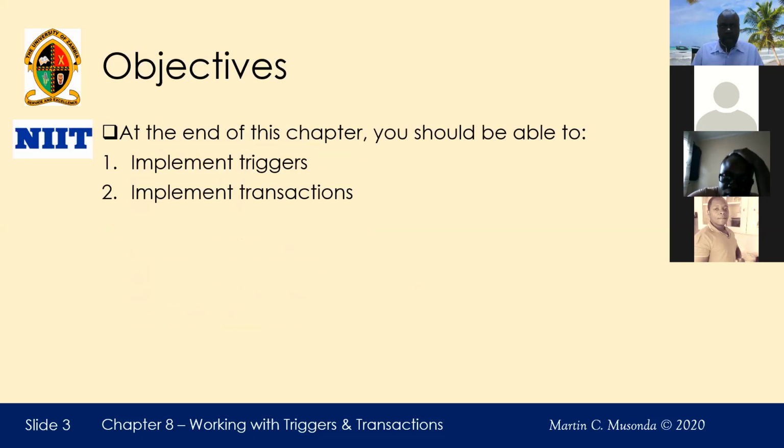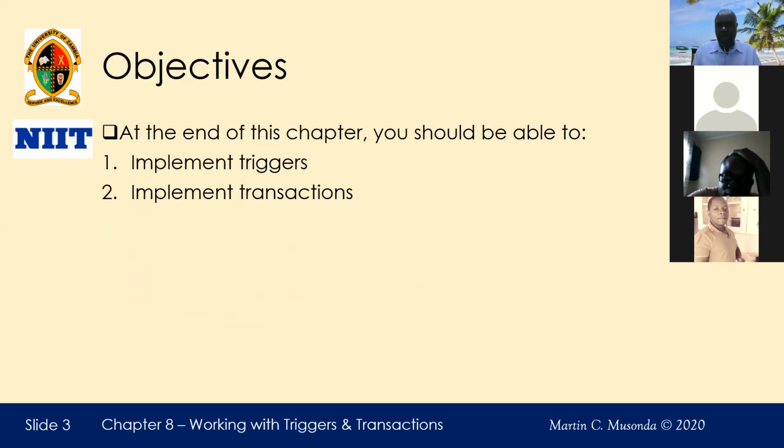The objectives of this chapter are basically two. By the end of this chapter, you should be able to implement triggers. You should be able to create, modify, or delete triggers in SQL Server. Secondly, you should be able to implement transactions.